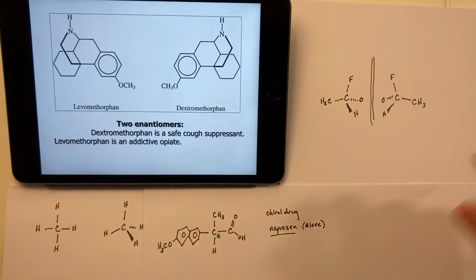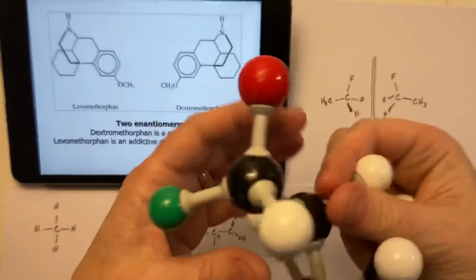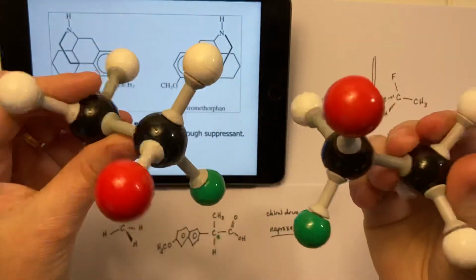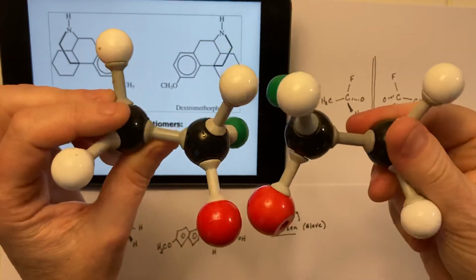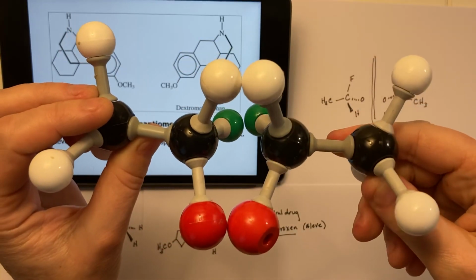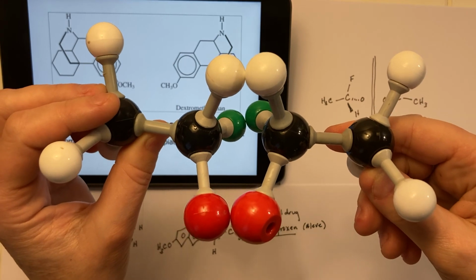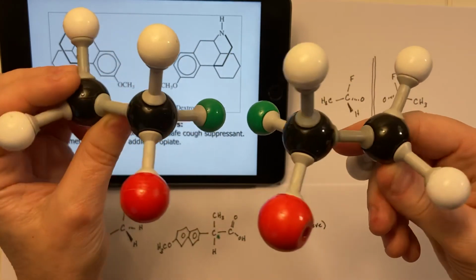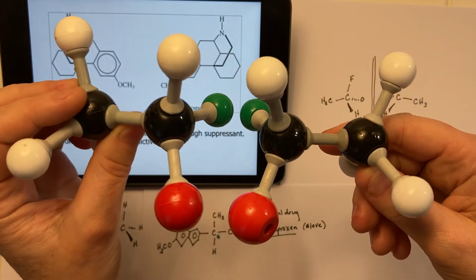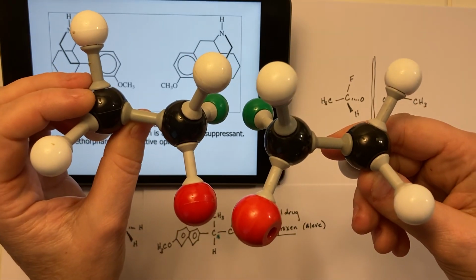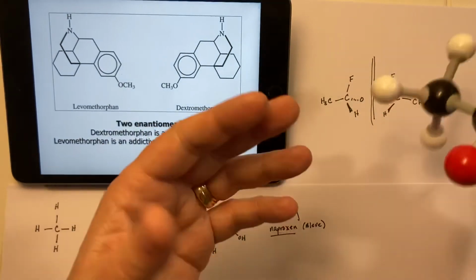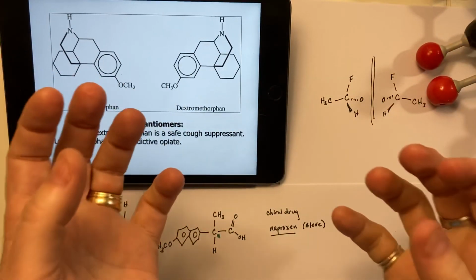Just a subtle difference in the arrangement of atoms around a tetrahedral carbon can make a huge difference in reactivity. So we told some examples about drug design. And if you end up with a larger molecule with several carbon centers, then there can be several enantiomers and things get complicated.